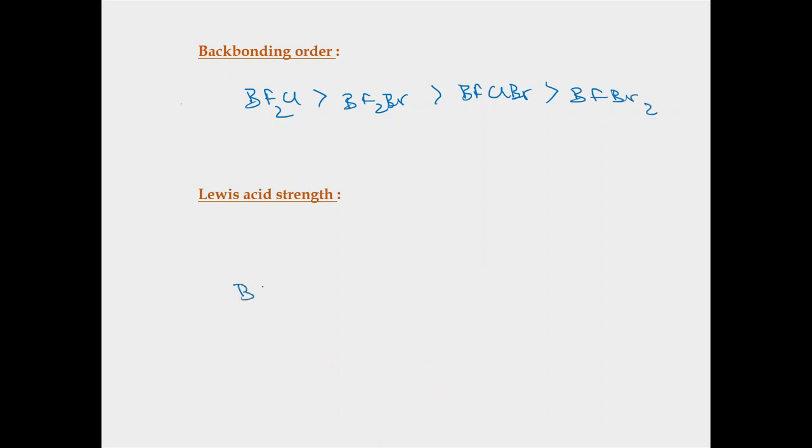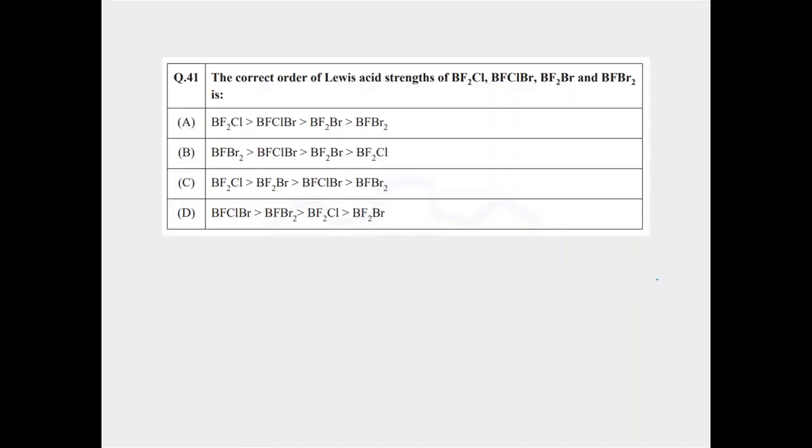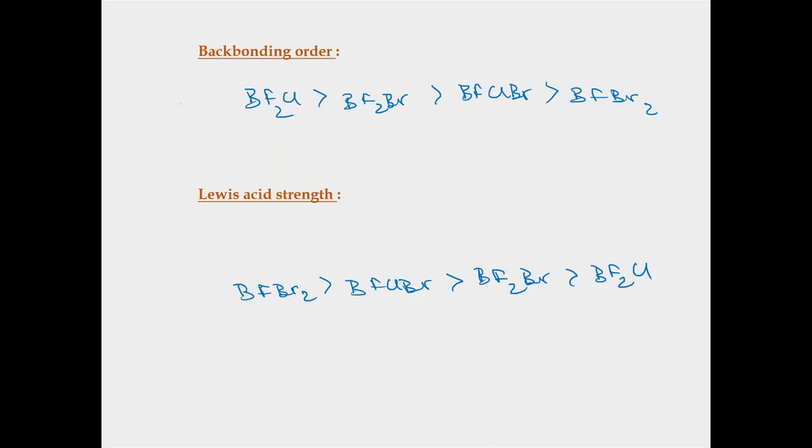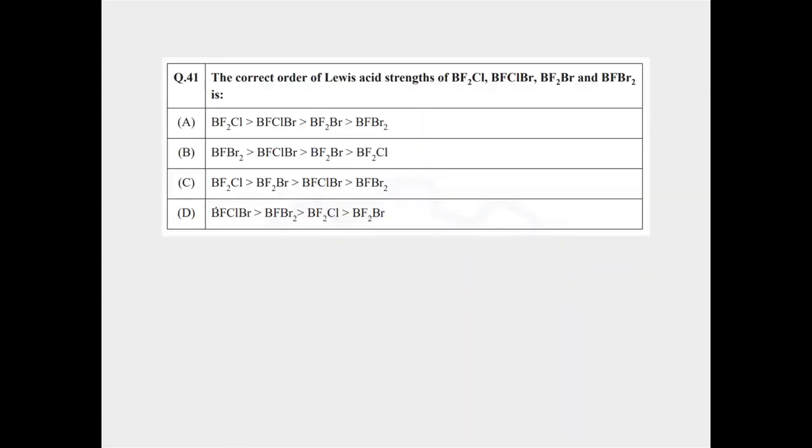So the order of Lewis acid strength will be BFBr2 greater than BFClBr greater than BF2Br greater than BF2Cl. Which option is the correct one? Option B only: BFBr2, BFClBr, BF2Br, and BF2Cl. So option B is our answer.